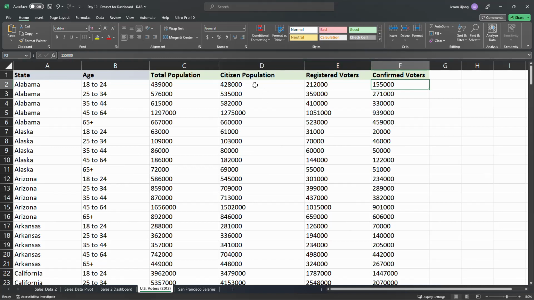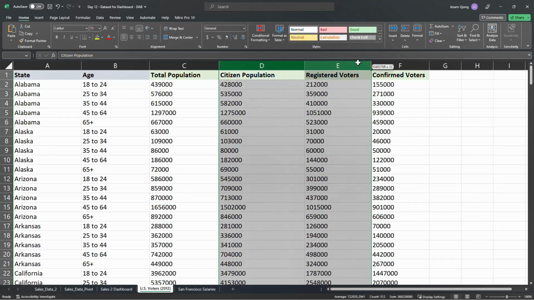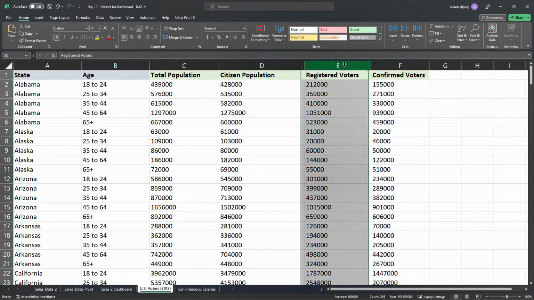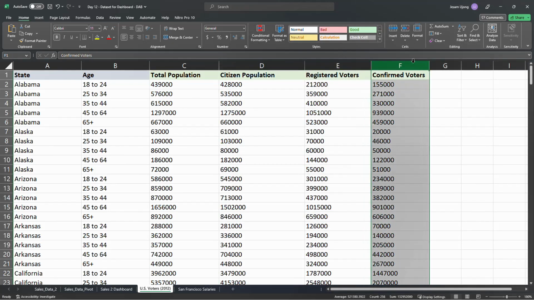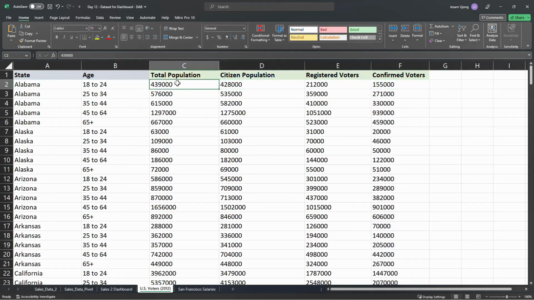So we see that all these other subsets, like the citizen population, registered voters, and confirmed voters, are just subsets of the total population. There's a whole lot of insight we can get from here.